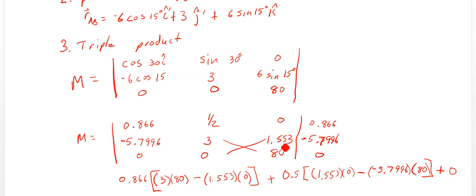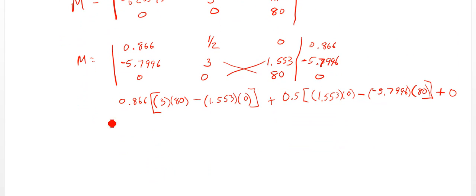All three products there are going to be 0. So we'll finish doing that math and find out what we've got. M equals 0.866 times 240 plus 0.5 times this, which is going to be something like 460 something.